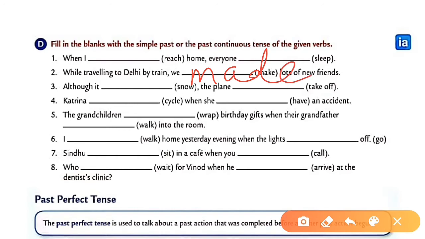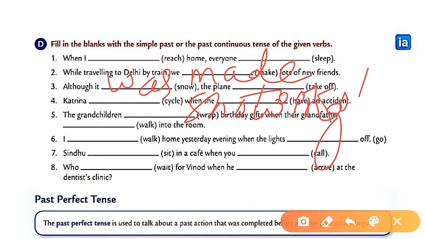We met. Although it was snowing, the plane took off, not take off, it is took off, t double o k, took off.